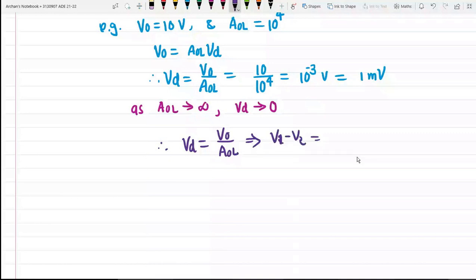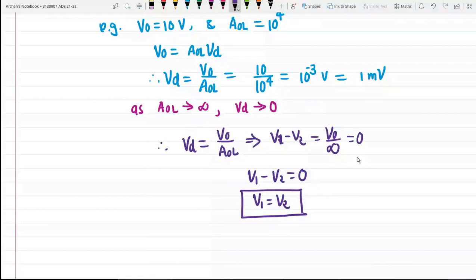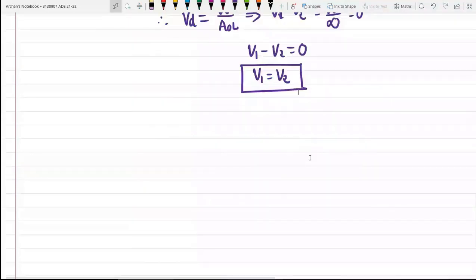So the difference between the two input signals is equal to 0. Hence we can say the voltage available at the two input terminals is the same, so V1 is equal to V2. Under the linear range of operation, there is virtually a short circuit between the two input terminals. In this sense, their voltages are the same, V1 is equal to V2, and no current flows from the input terminals to the ground.